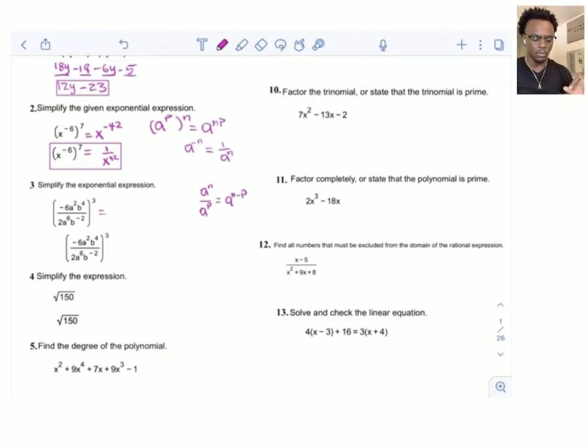So that means if we have the same base, and one expression is on top, one expression is on the bottom with different exponents, we can just keep one base and subtract the exponent of the bottom from the top. But if you have a exponent n times a exponent p, it is equivalent to a exponent n plus p.